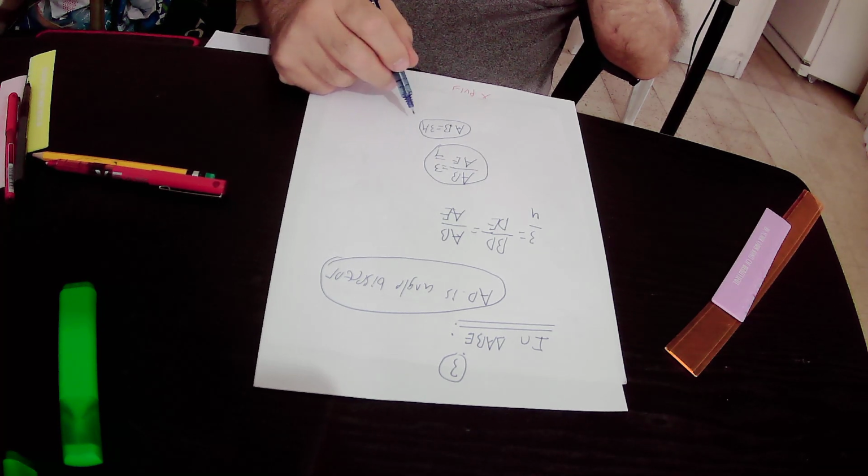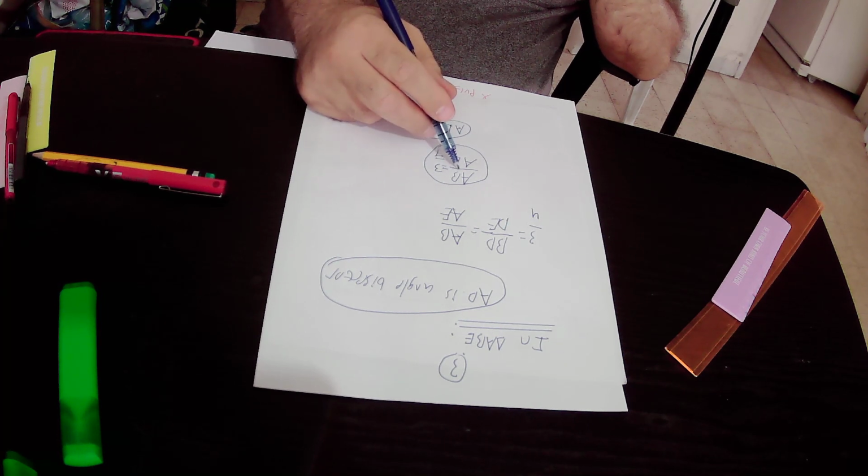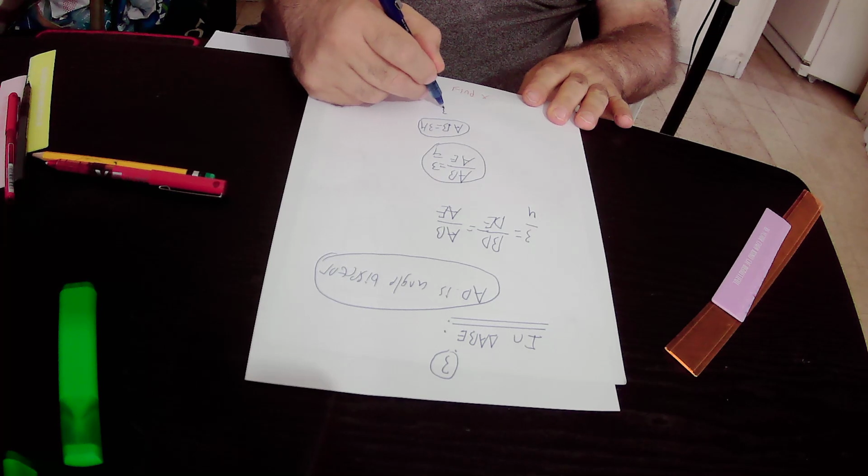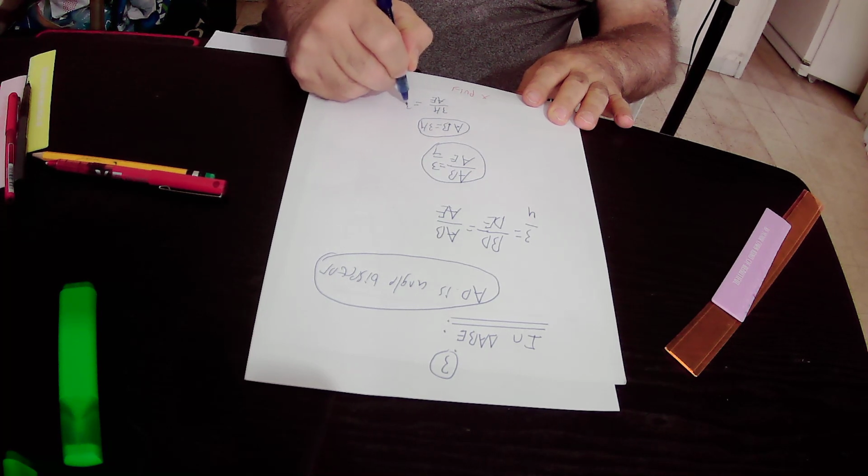First of all, we place the 3K inside this equality, and we get 3K over AE equals 3 over 4.